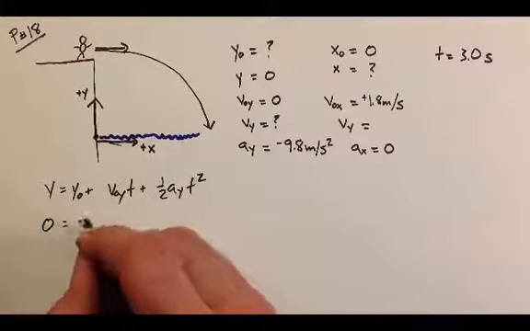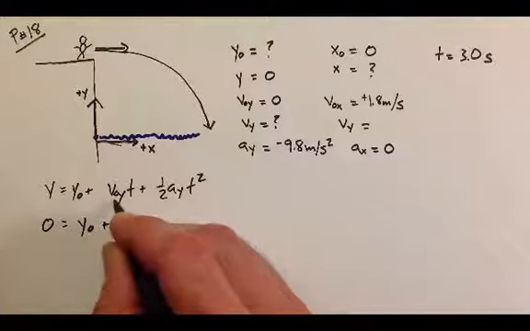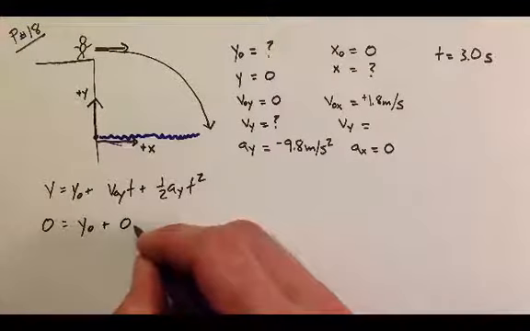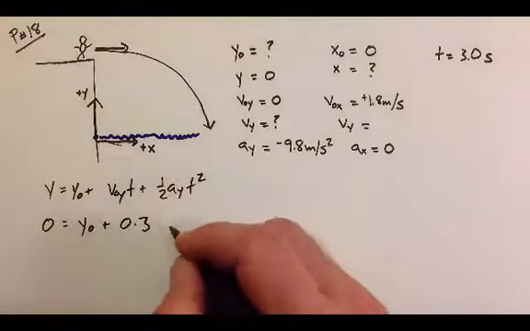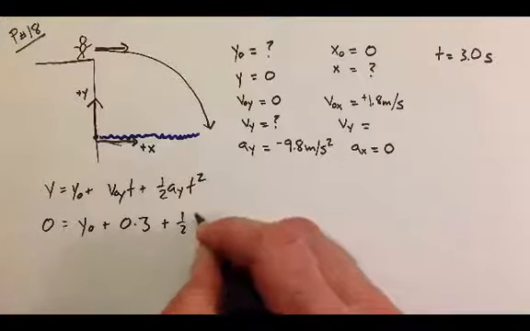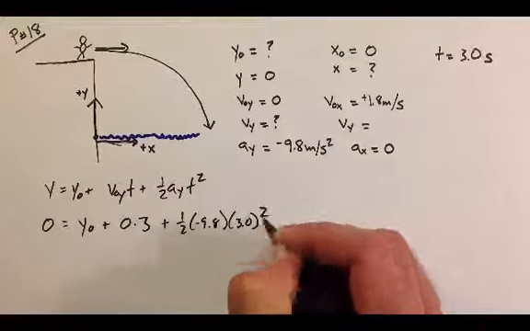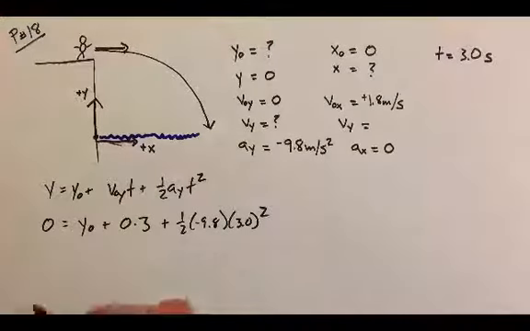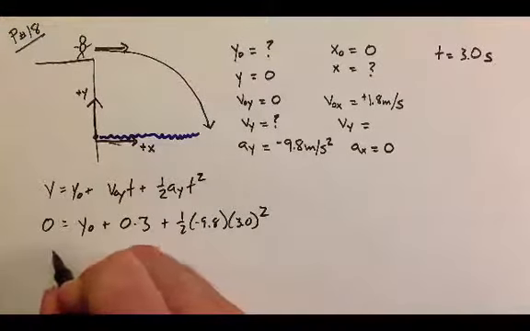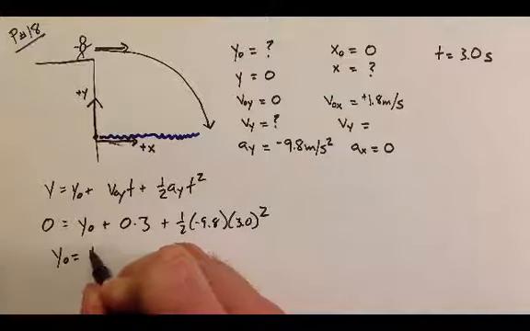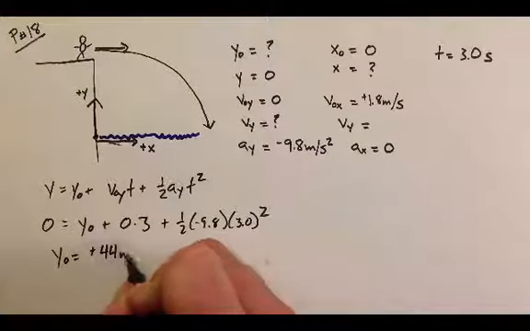0 is equal to y naught plus Voy is 0, so 0 times 3, which is just 0, plus 1/2, negative 9.8 times 3.0 squared. And if I wave my magic algebra wand at this, I get that y naught is equal to a plus 44 meters.